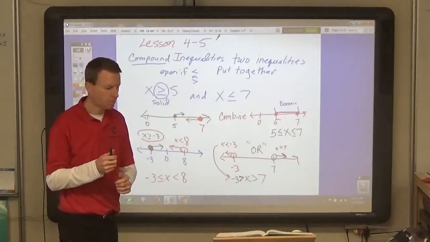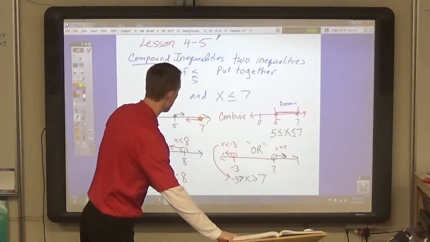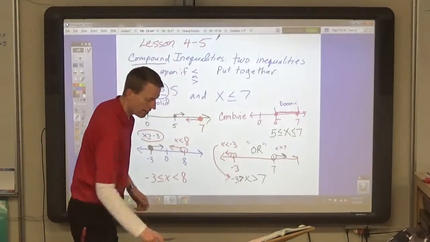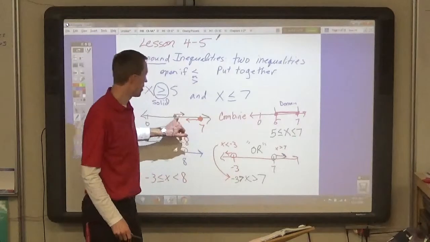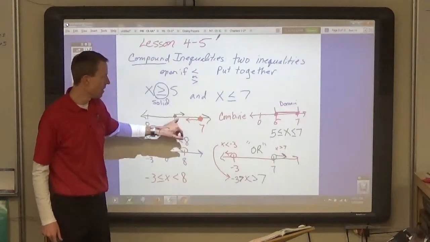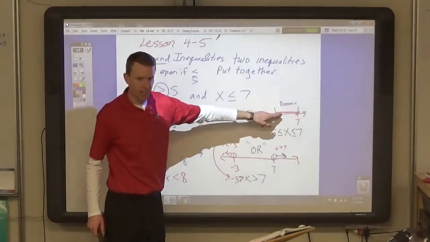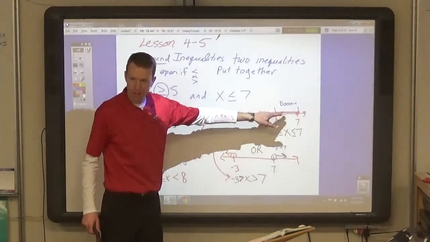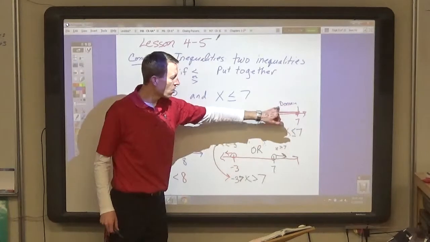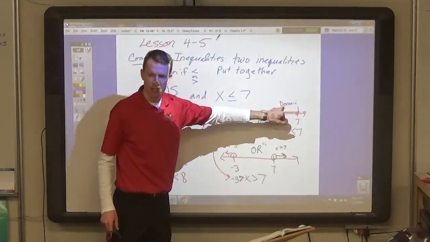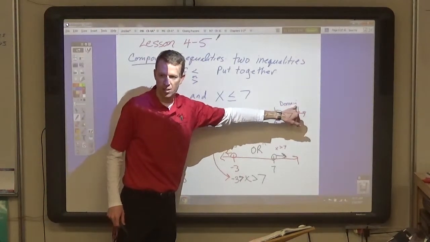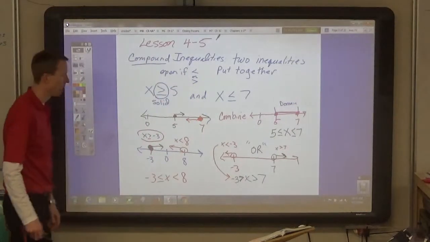So the only way that you can express that is with an inequality, with a graph that combines these. And this area between 5 and 7 is called the domain. It's the possible answers to that compound inequality.